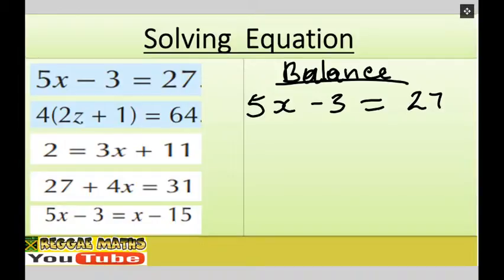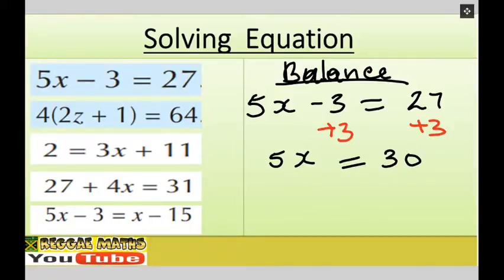So first I'm going to get rid of the 3. It's a minus 3, so I need to add 3 to both sides. Because I'm doing the same thing to both sides, it doesn't have any impact. The same thing I do to one side, I do to the other. So add 3, that goes, so I'm left with 5x equals 30. 5x means 5 times x, opposite is dividing by 5.